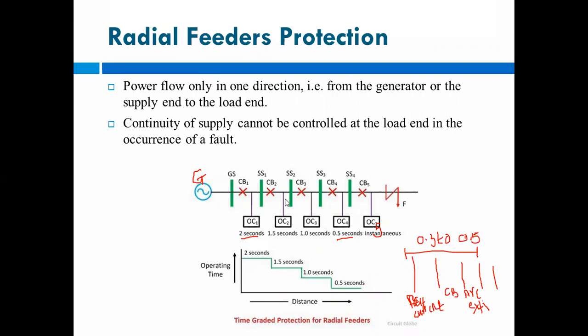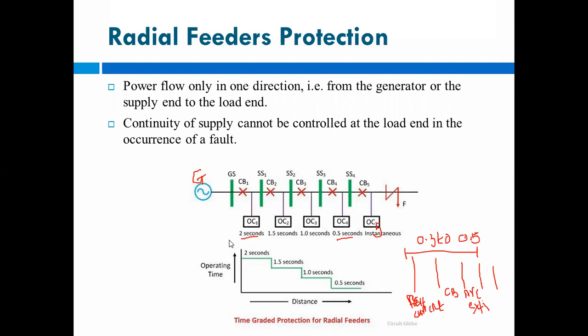If you come to the nearest point of this generating station, and the fault is occurring between this generating station and substation 1, then the time required for clearing that fault is 2 seconds. The time is more, so it takes more time to clear that fault. That is also one more disadvantage.